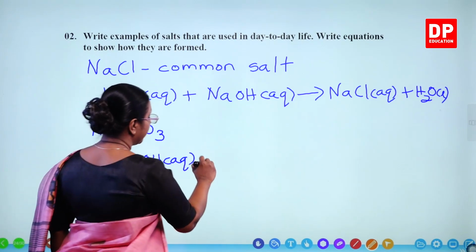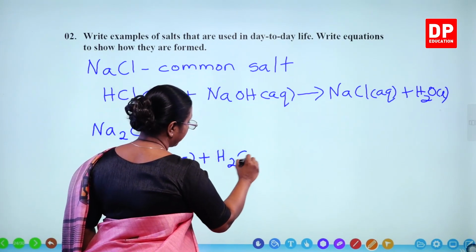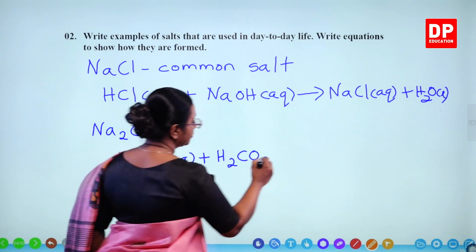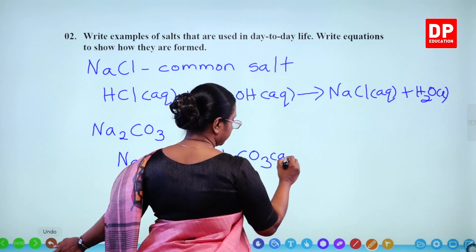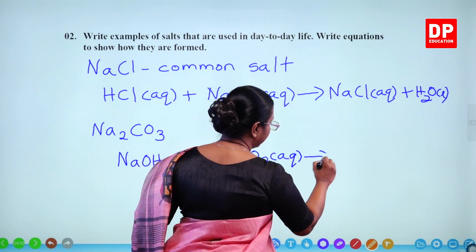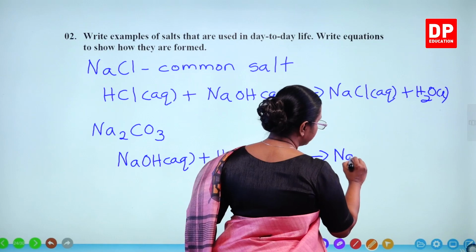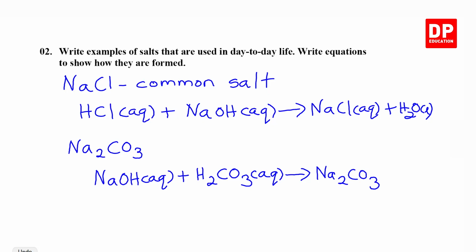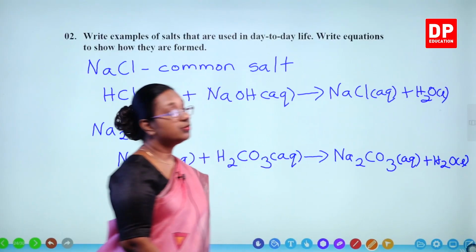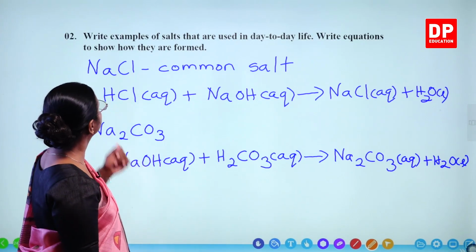That can be obtained from carbonic acid. You can remember that. H2CO3. So that will give you Na2CO3, sodium carbonate. So those are examples of salts.